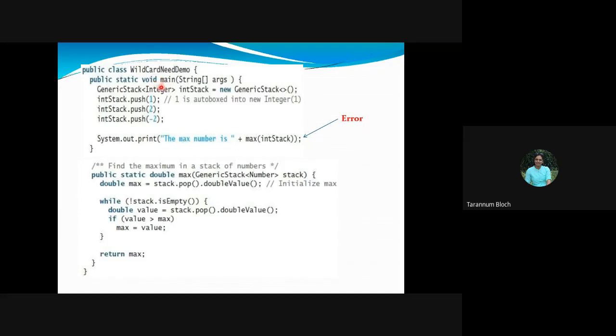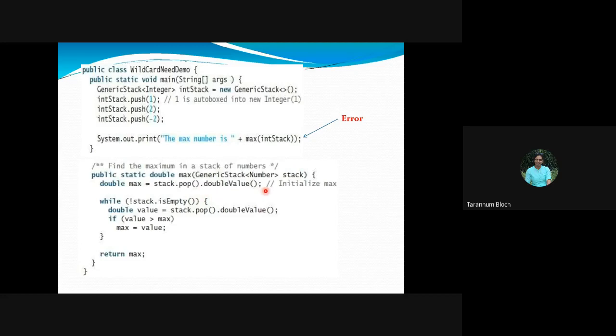So what we did is, we designed a max method. Over here the max method is the generic method, because it takes the generic argument, generic stack, number stack. So a generic class object is given as an argument. Now to find out the maximum, we said stack dot pop dot double value.